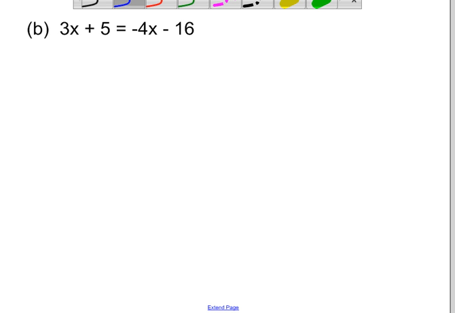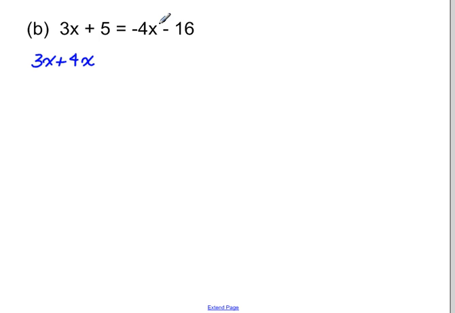So again, if I try to do that all in one step, my left-hand side, I'm going to end up with 3x plus 4x. And why plus? Because to get rid of the negative 4x or subtract 4x, you need to add 4x to both sides. And on the right-hand side, I'll have negative 16 minus 5. And why minus 5? Again, to get rid of the adding 5, you need to subtract 5 from both sides.